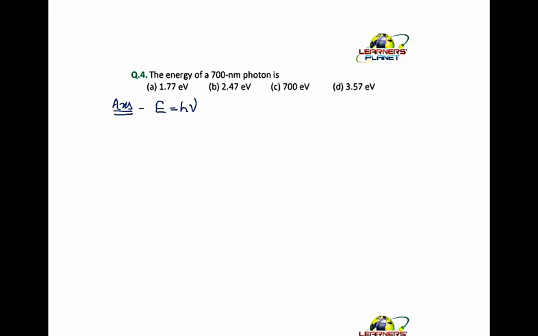Energy is equal to h nu. What is nu here? Nu is the frequency. Is the frequency of the photon given here? No. Now what is the frequency equal to? It is c by lambda.